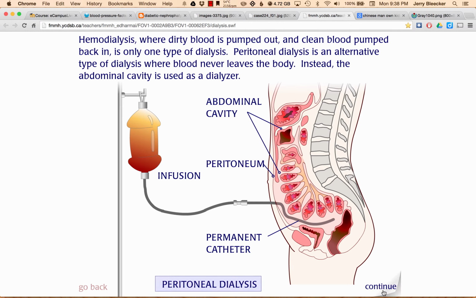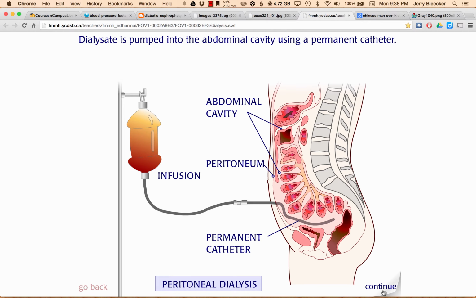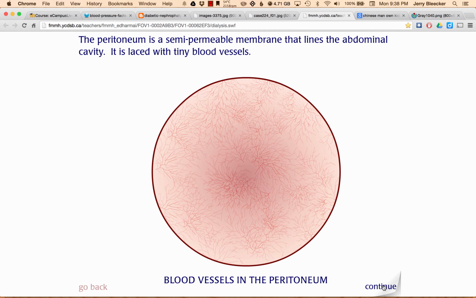So here's your infusion. We'll pump the dialysate in, and there you go. If you bring the blood vessels in contact with clean fluid, what will happen is, of course, diffusion, and you eliminate your waste this way. There's a nice snapshot of those blood vessels in the abdominal cavity. They're tiny, and because they're tiny, their thin little walls are just perfect for diffusion.